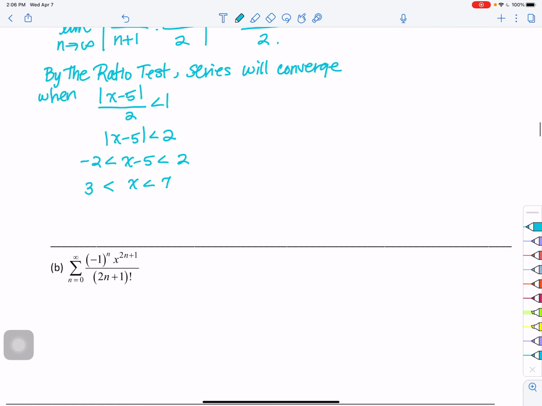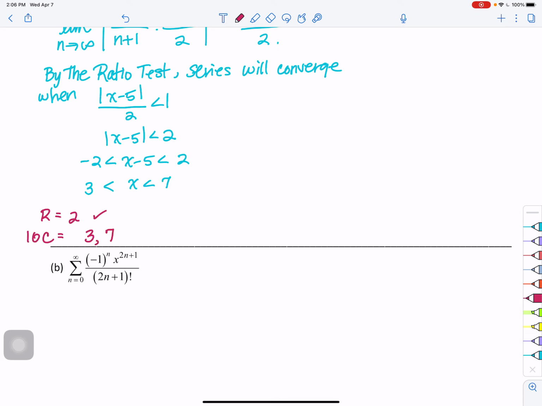So what do we have so far? We have so far, and I'll put it down here, our radius of convergence and our interval of convergence. What we know so far is that r is equal to 2. We know that for sure. The interval of convergence right now, we know that we have 3 and we have 7.